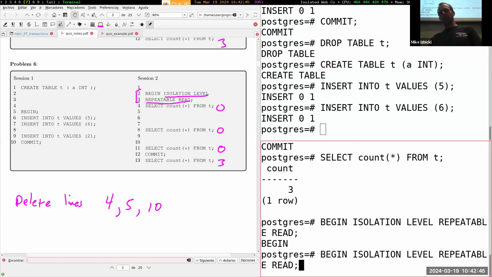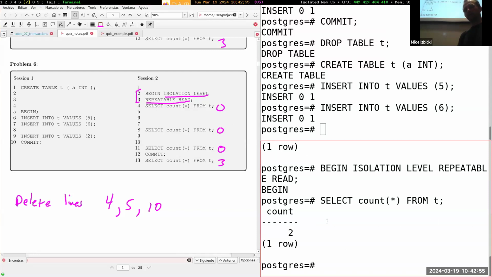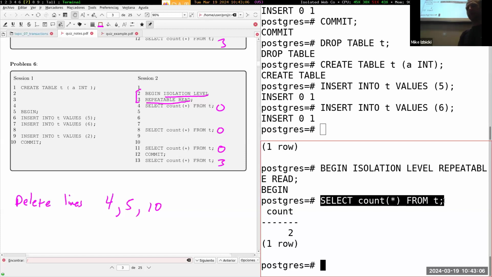Now down here, when I do my select count star from t, even though I'm inside of this repeatable read isolation level, because I've not read from the table at all inside of this level, I do not get a 0 here, I get a 2. Repeatable read does not guarantee that your results are the exact same as when you started this isolation level. Instead, it guarantees that your results are going to be the exact same if you run the same command multiple times.